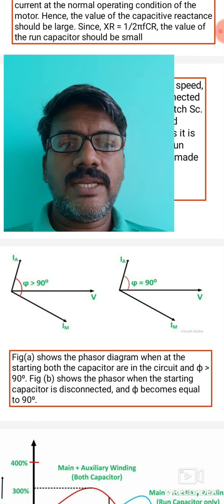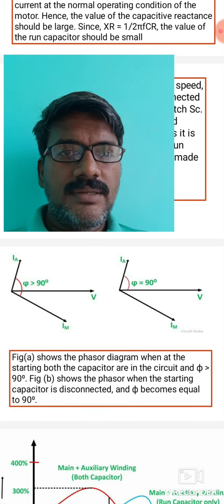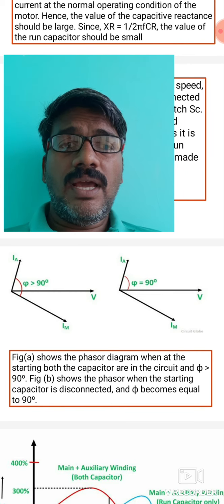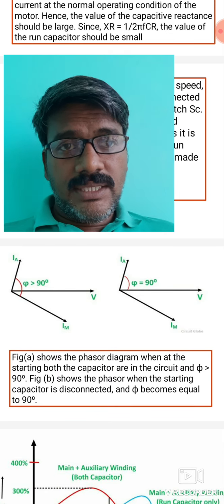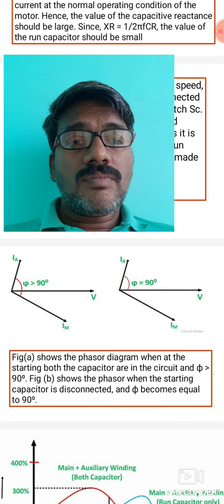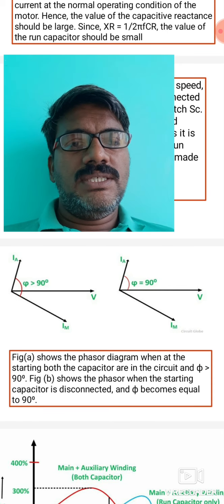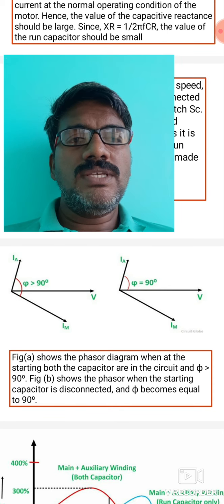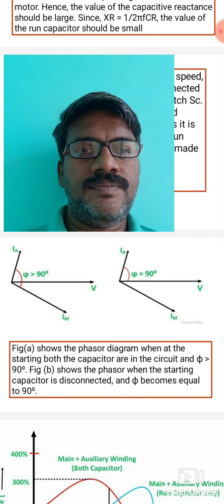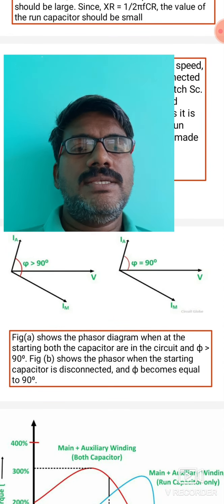We observe the phasor diagram. The first diagram shows what happens when the two capacitors are connected in parallel to the circuit. The phase angle between IA and IM will be less than 90 degrees. Suppose you disconnect the starting capacitor, then the phase angle between IA and IM, the auxiliary current and main current, is 90 degrees.